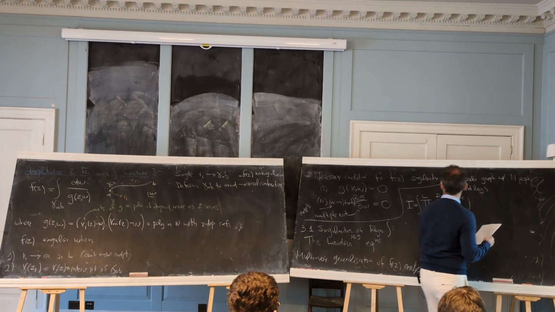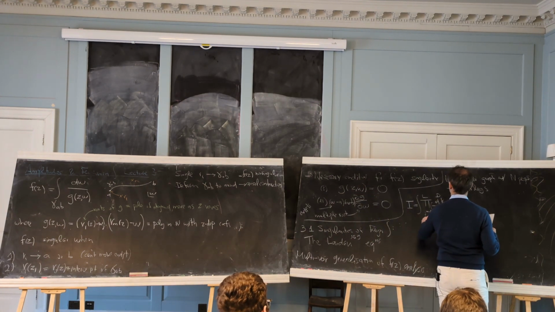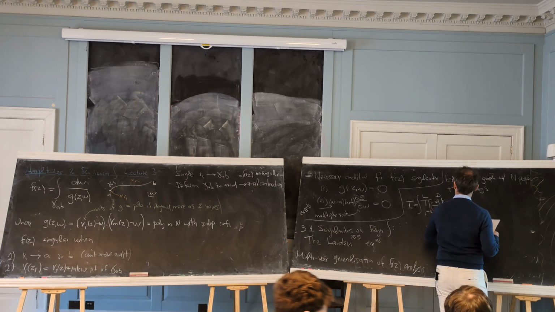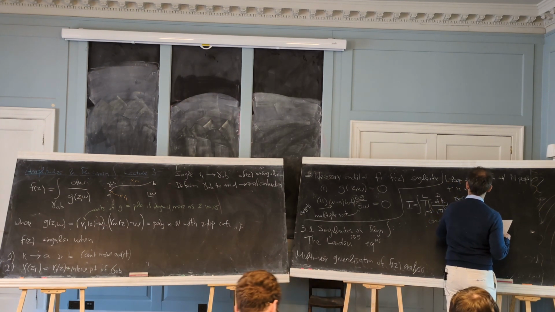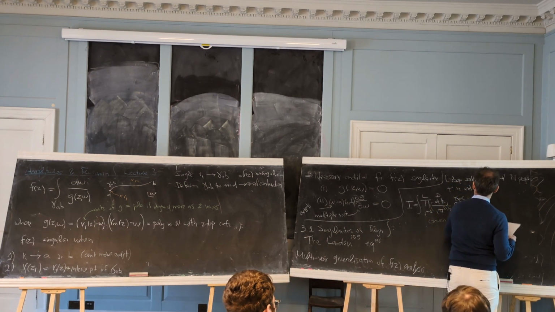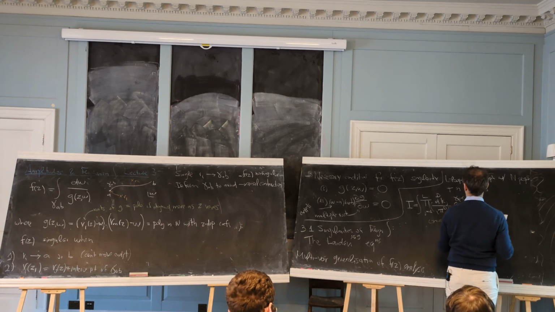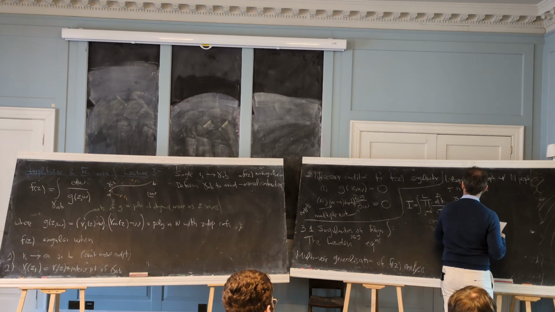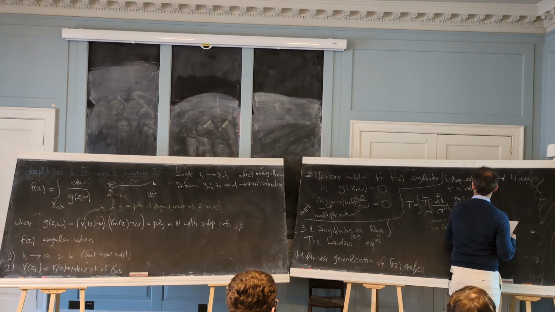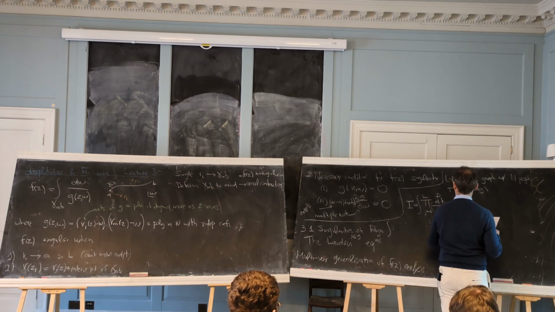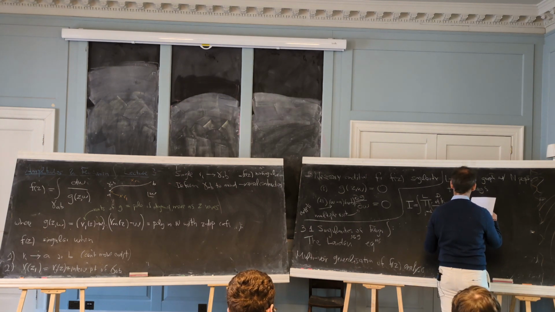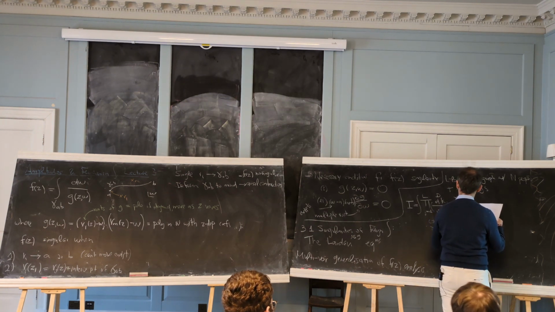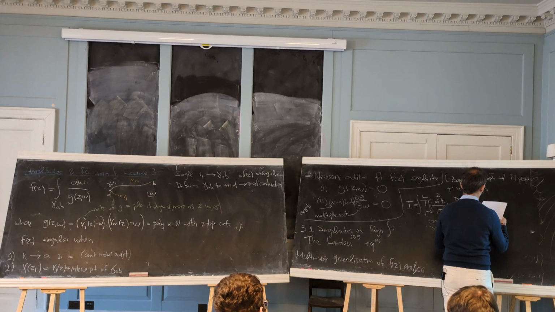So it shouldn't bother us too much for now, but this is a convenient normalization where gamma E is the constant. And D is D0 minus 2 epsilon.